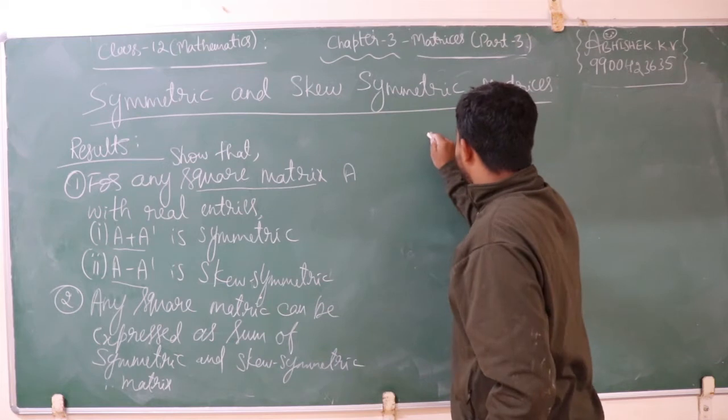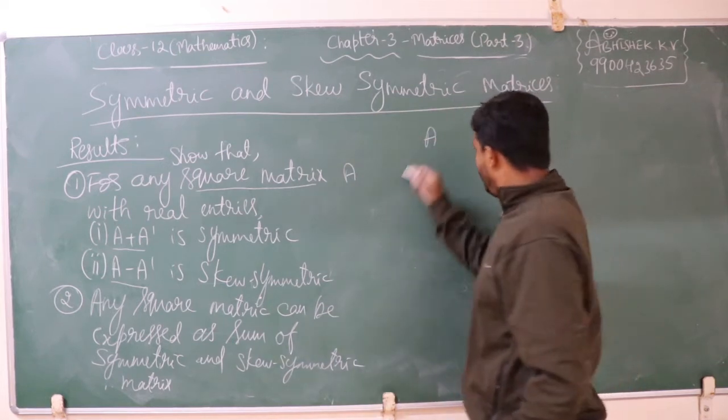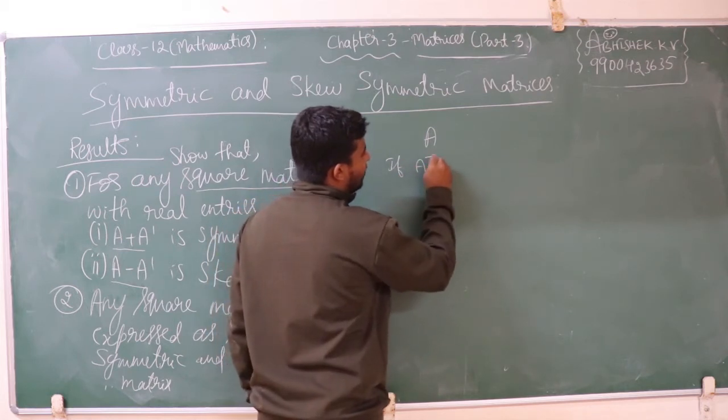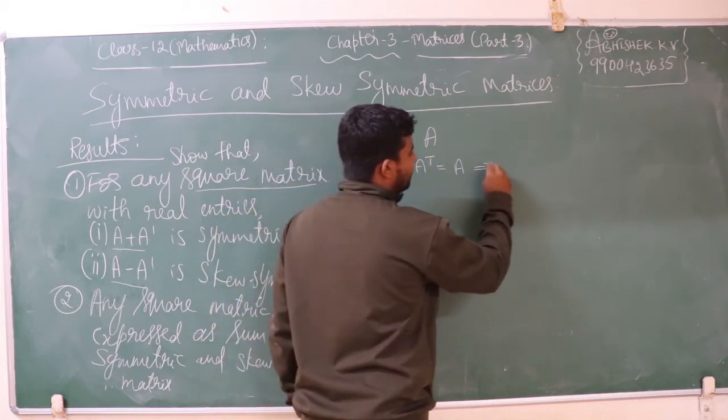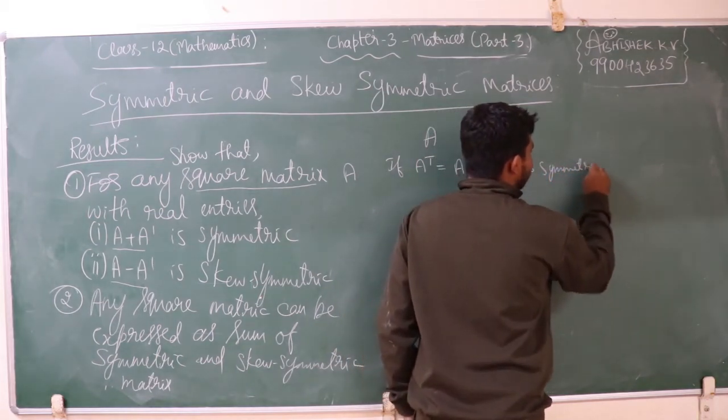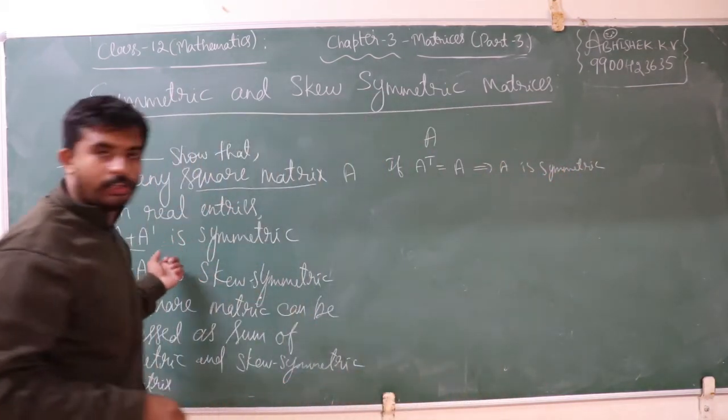Then, see, if I consider this matrix A, if the transpose of this matrix is equal to A, this implies A is symmetric.